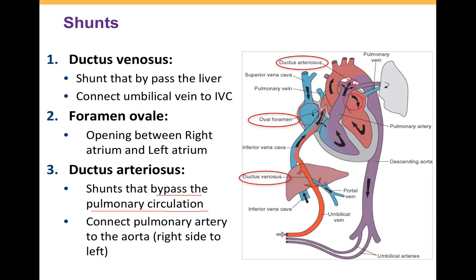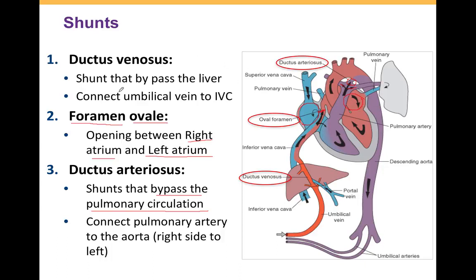This opening is called foramen ovale. Foramen means a hole, ovale means oval. So basically this is an oval hole. Again, what is its job? It is an opening between the right atrium, what we see here in blue, and the left atrium, which you see as this circle. So basically it takes blood from the right-hand side and switches it to the left.